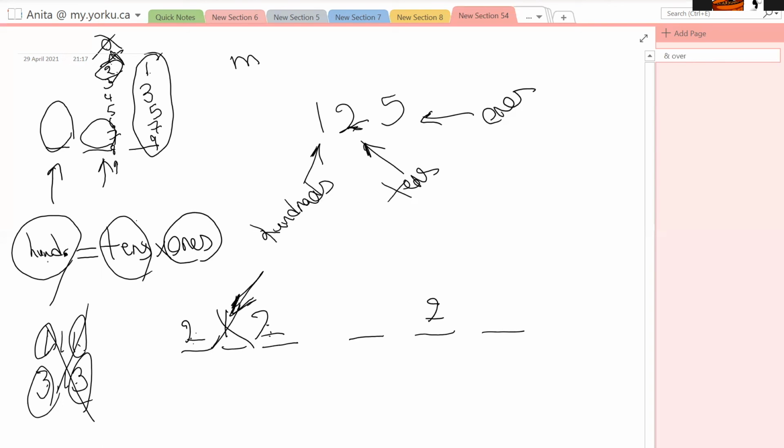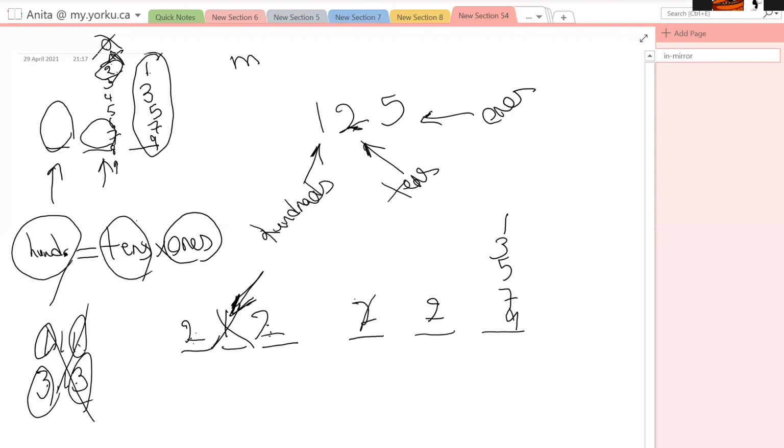Look at it. Hundreds equals tens times ones. So if tens is 2, we said ones could be 1, 3, 5, 7, and 9. Now, if it is 1, what would be the number? It's going to be 2 times 1, which is 2. I agree with you.